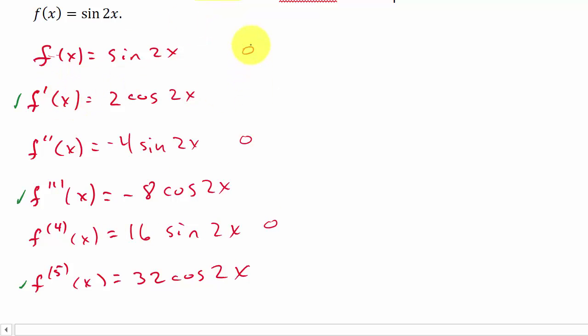Now let's look at this. We have f prime of 0 is 2 times cosine of 2 times 0, which is cosine of 0 is 1, so that's going to give me 2.